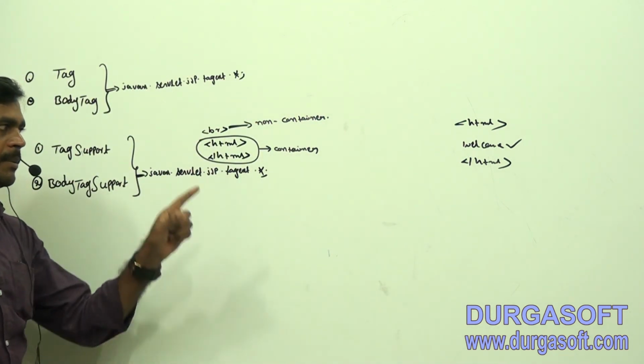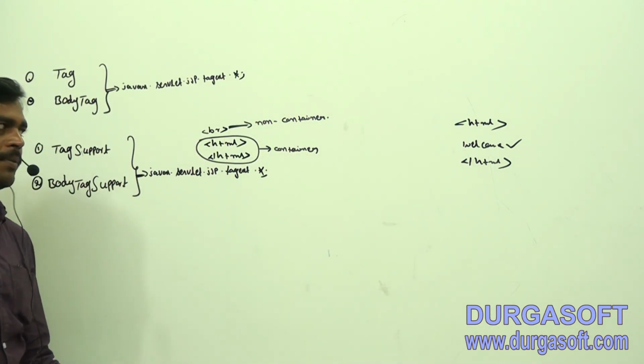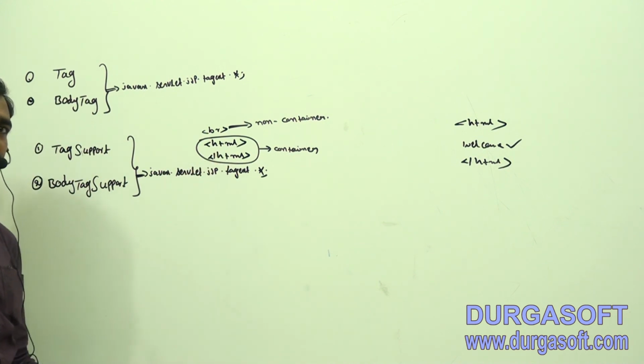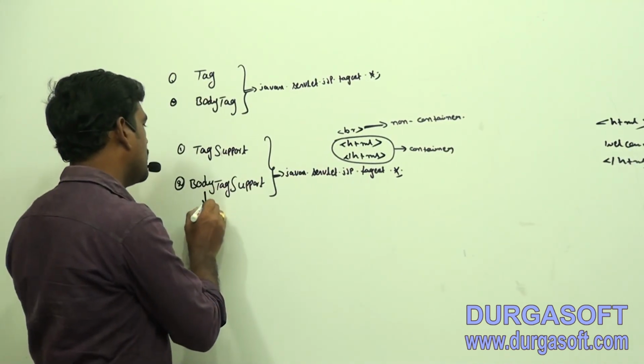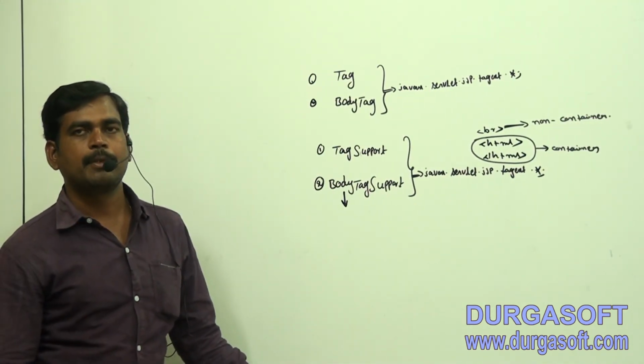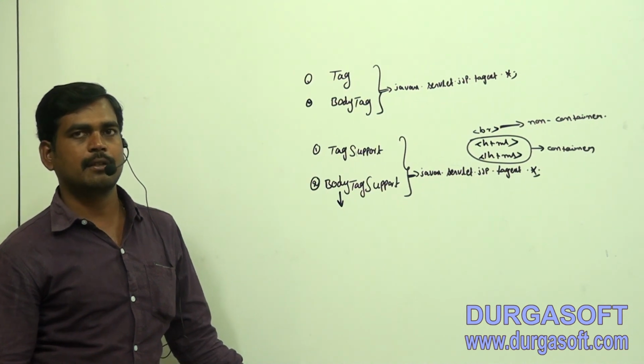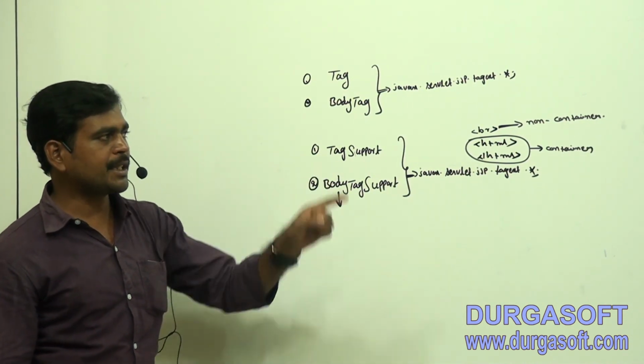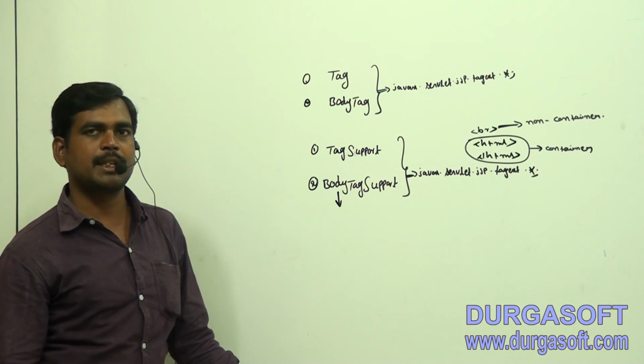If you want to display that message 10 times, we need to extend our class to BodyTagSupport. Under that we can write the business logic. What is the business logic? The message is going to be displayed 10 times.